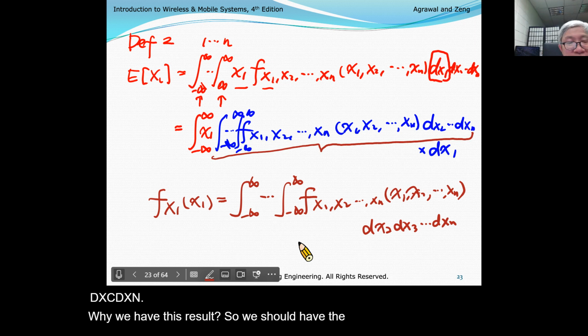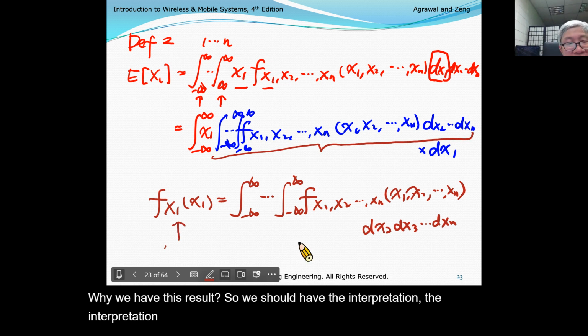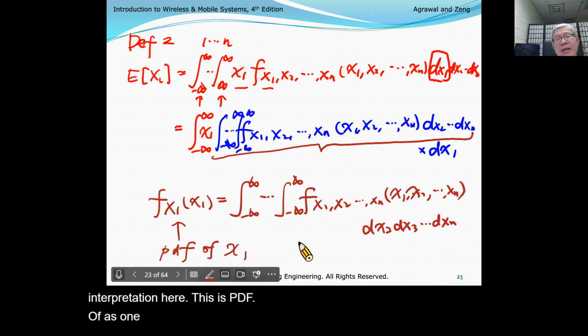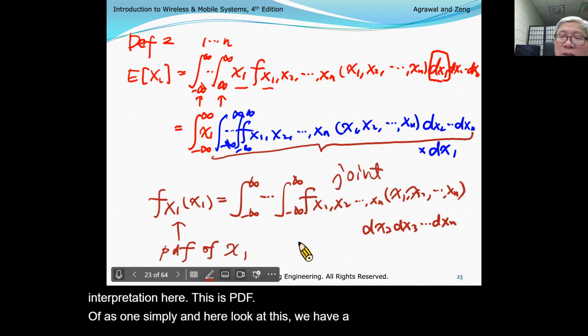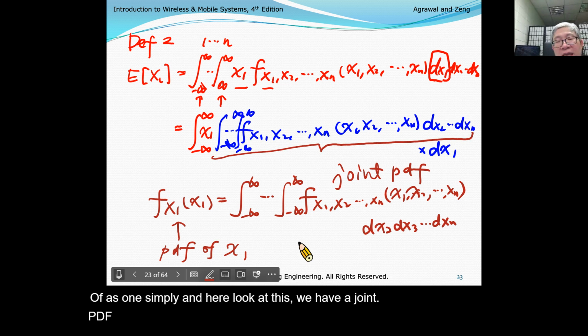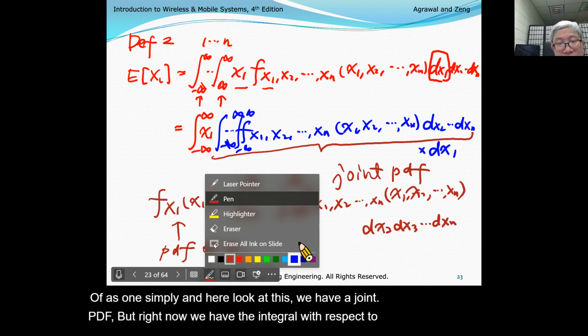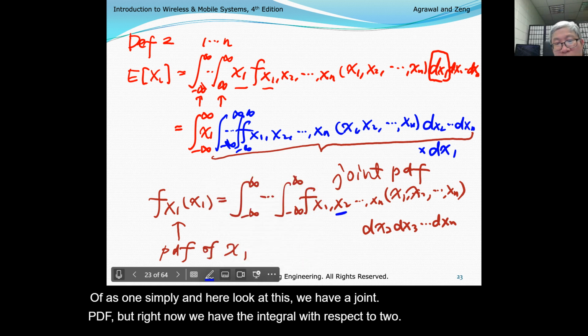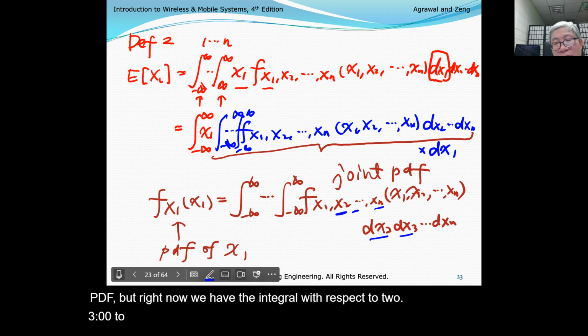The interpretation here, this is the PDF of x1 simply. And here, look at this. We have a joint PDF. But right now we have the integral with respect to 2, 3 to n. All right, 2, 3 to n.